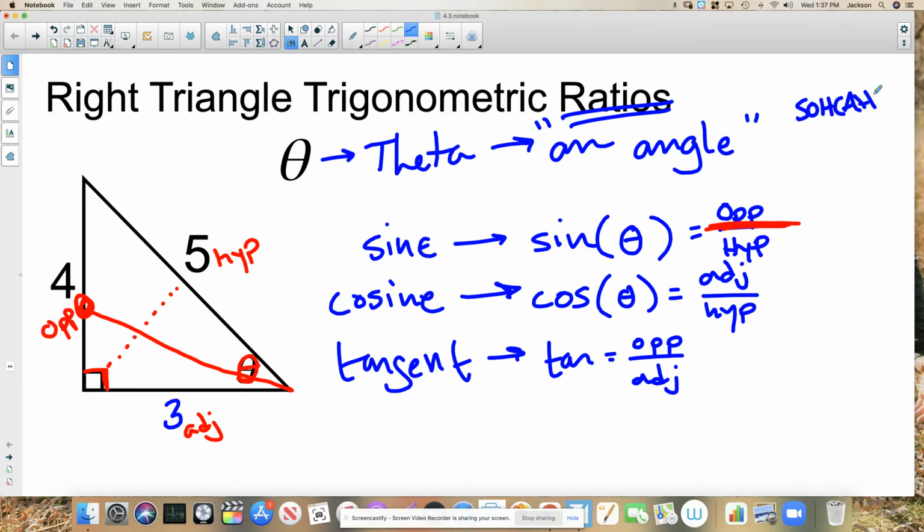I prefer to actually write it like this, and this is just to remind myself that these are actually ratios, or fractions, of sides in a triangle. So this is your basic right triangle trigonometric ratio review. Again, it's a review. If you have any other questions, you can reach out to me. We can talk about this.